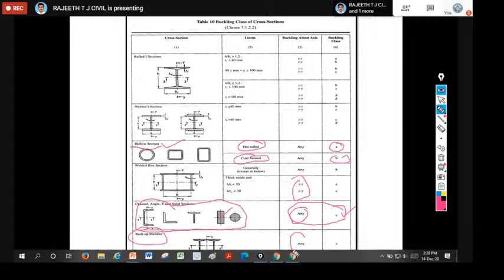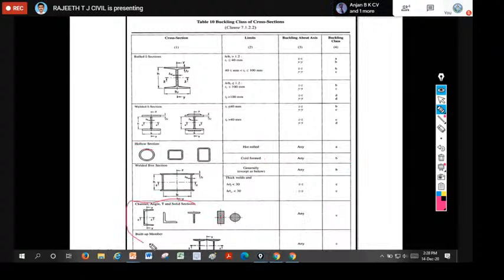On any axis, we can categorize those members under buckling class C. Correspondingly, we should take the stress under buckling class C from the code book to calculate the strength of the compression member. So what you can remember from this table is that for built-up members, channel sections, T sections or angle sections, the buckling class is C.